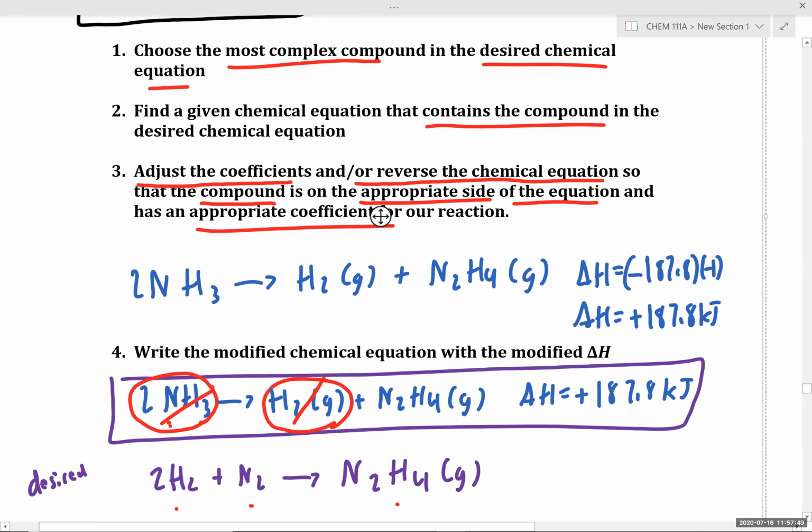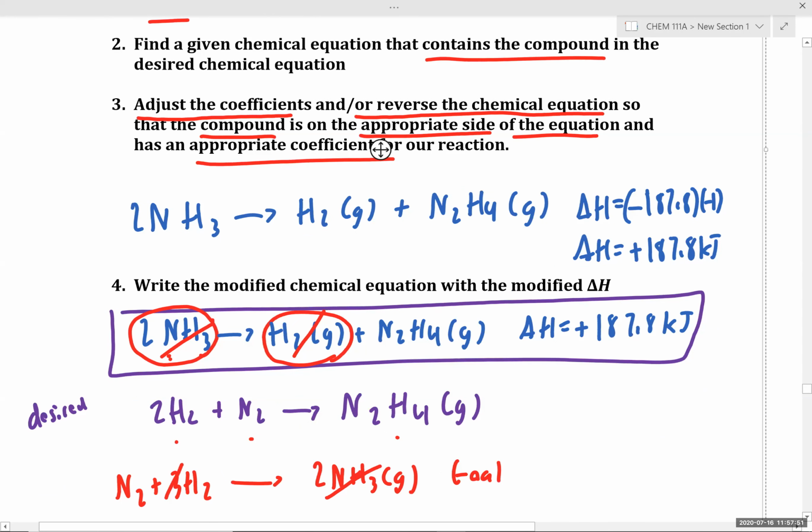Now, we have some unnecessary compounds in this chemical equation. So we need to add another equation in order to cancel out our undesired intermediates. So to do that, we identified ammonia and hydrogen as undesired compounds on the wrong side of our chemical equation.